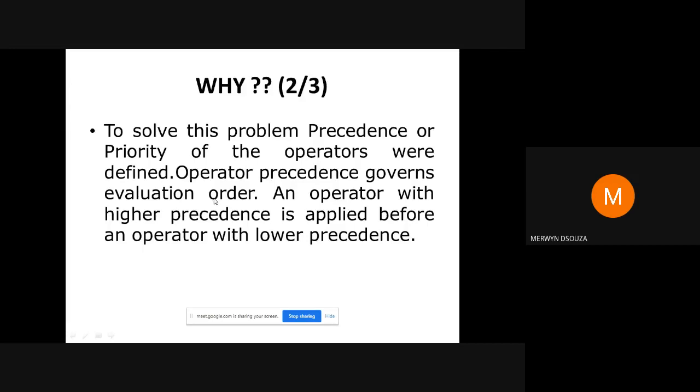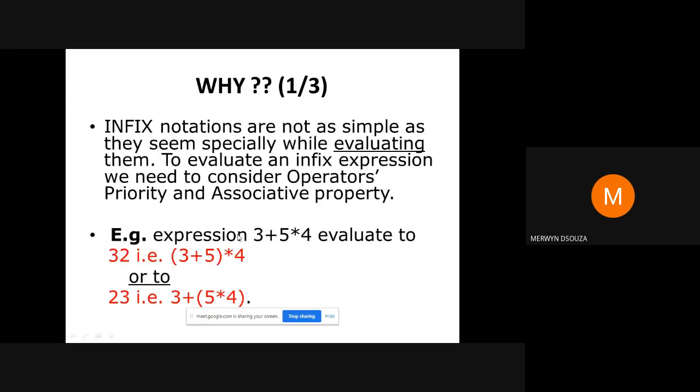Remember, if you give the computer an expression like 3 plus 5 multiplied by 4, the computer does not know to put parentheses. So it finds it difficult to solve, and you have to come up with more rules in your program for how the computer will solve this. As a human being, you may know how to solve this, but for a computer it becomes tough.